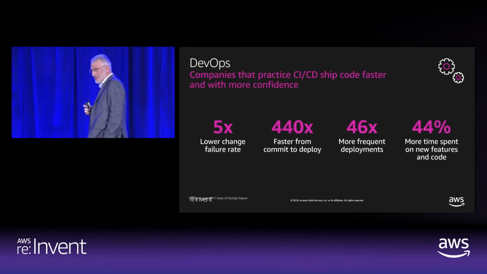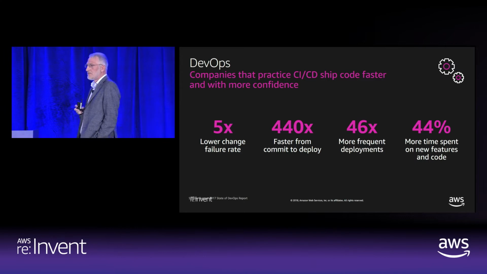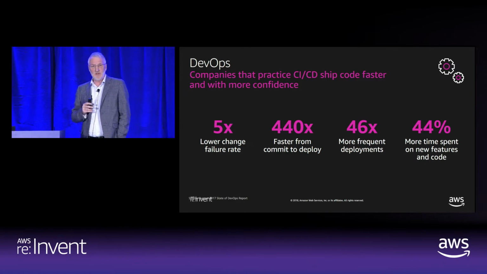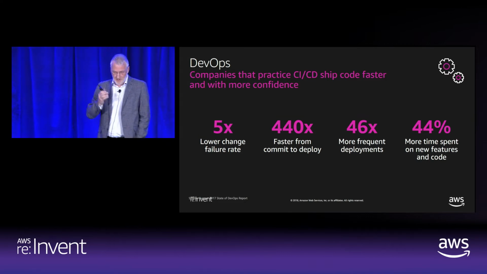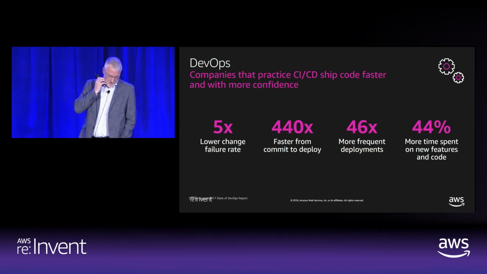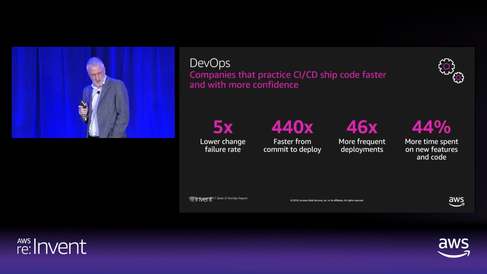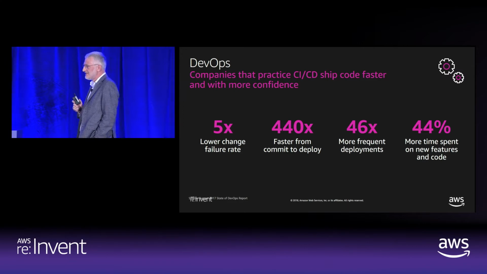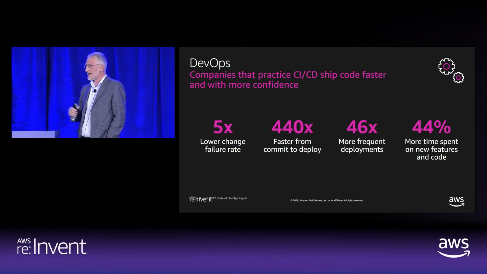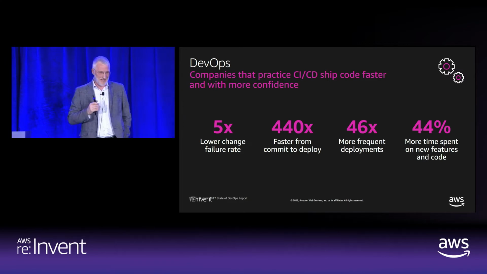This is a study that was done by Puppet Labs after interviewing thousands of their customers over the last 5 years or so. And I think these are extremely compelling. A 5x lower change failure rate. That's astonishing. Just think of all the outages you don't have to deal with anymore when you do that.